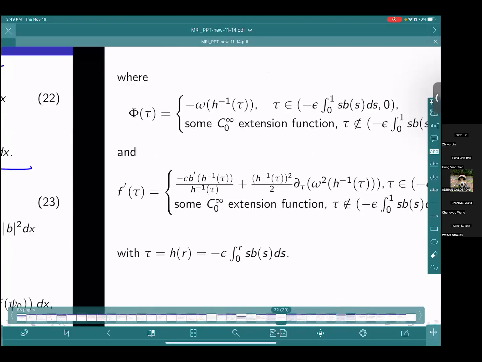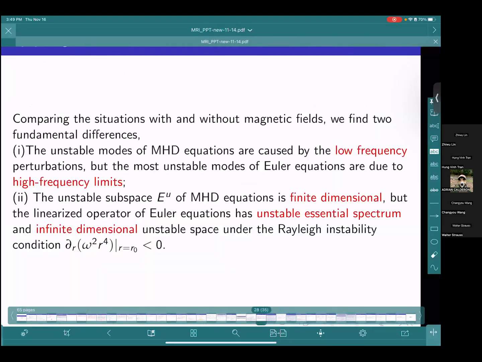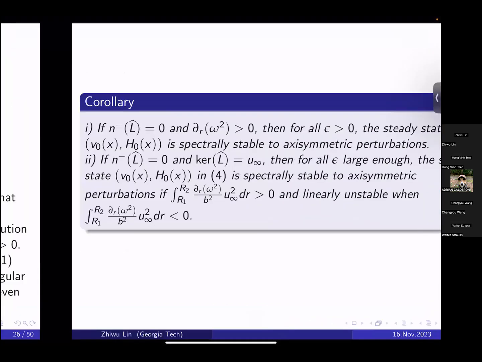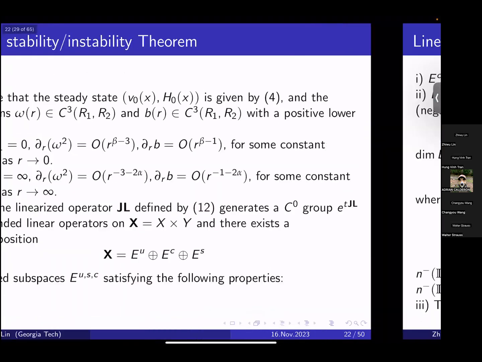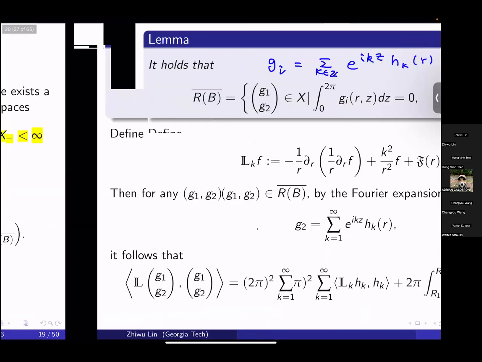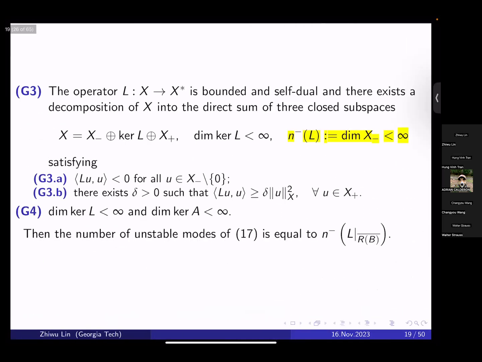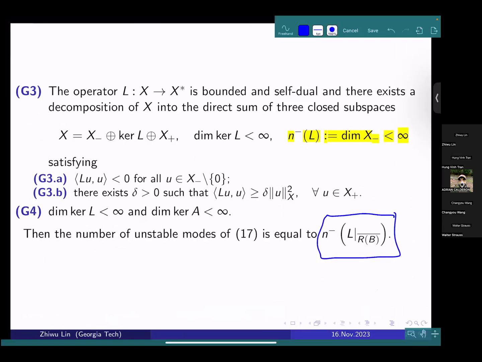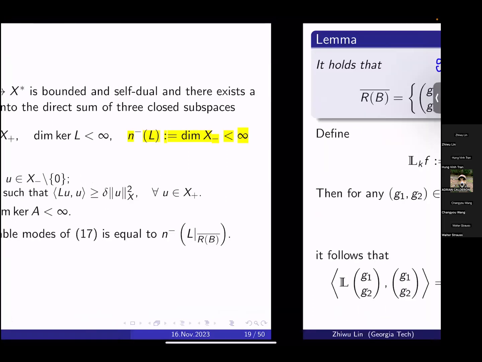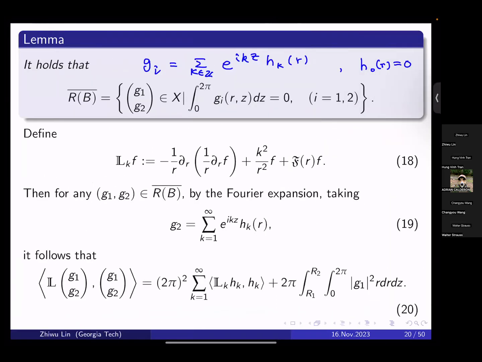this quadratic form from 27 is positive definite. The problem comes from the 0 mode. Remember, to get the linear stability condition, let's go back. It comes from this condition, right? L restricted to the range space of B is greater or equal to 0. The range space of B contains the functions with no 0 modes.